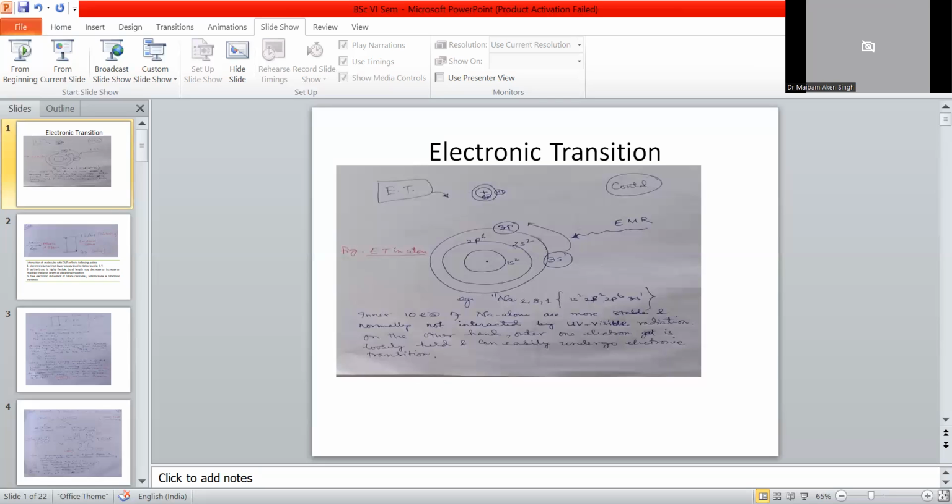Sigma means the lower energy state type. The first bond is the sigma bond. After the formation of the sigma bond, the pi bond will be formed. Before forming the sigma bond, there is no pi bond, so generally the pi bond depends on the sigma bond. Then there is the n electron, the non-bonding electron. After chemical bond formation, there will be some excess electrons.